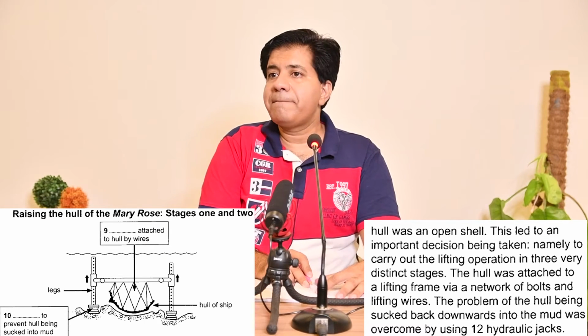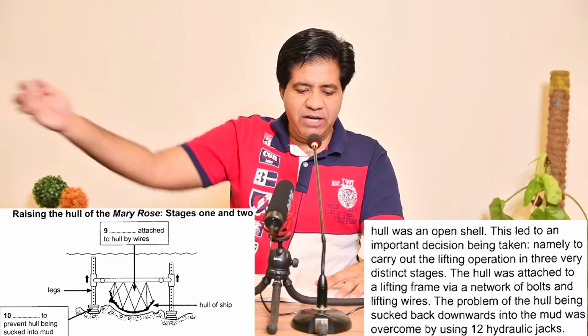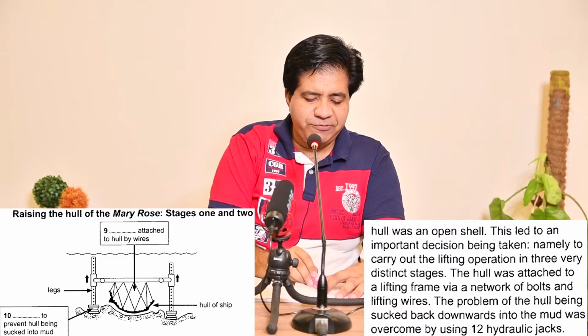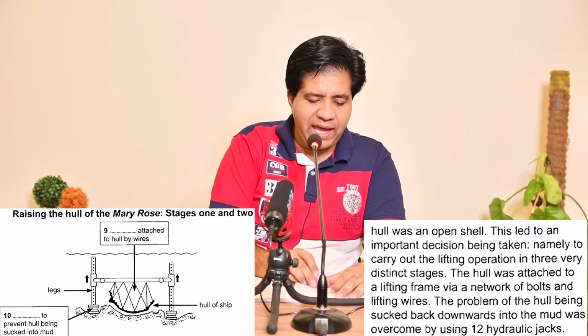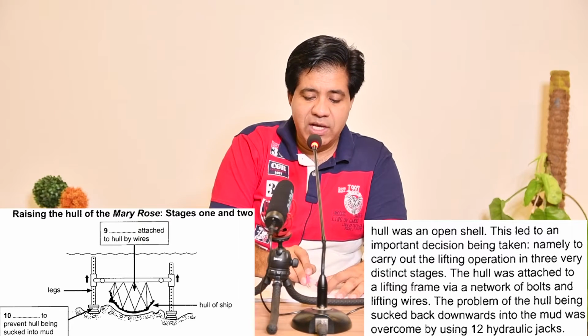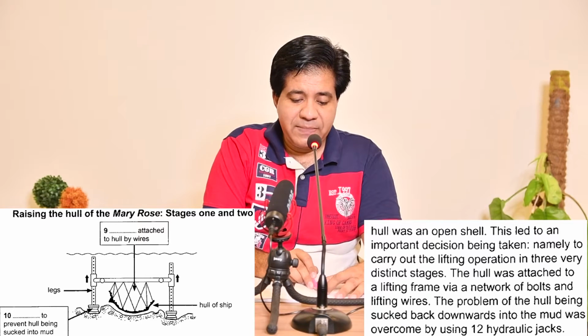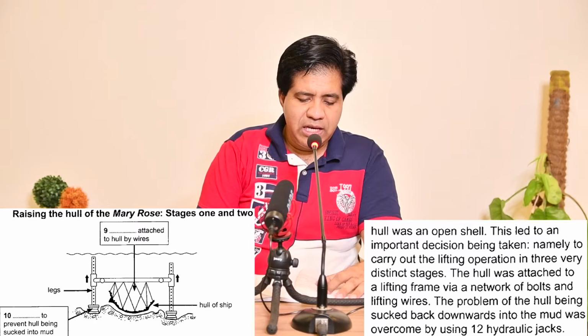Fourth line. Okay, fourth line. Second page, left side, fourth line from the middle. The hull was attached to a lifting frame via a network of bolts and lifting wires. Hull was attached to lifting frame. Okay, via a network of bolts and lifting wires.